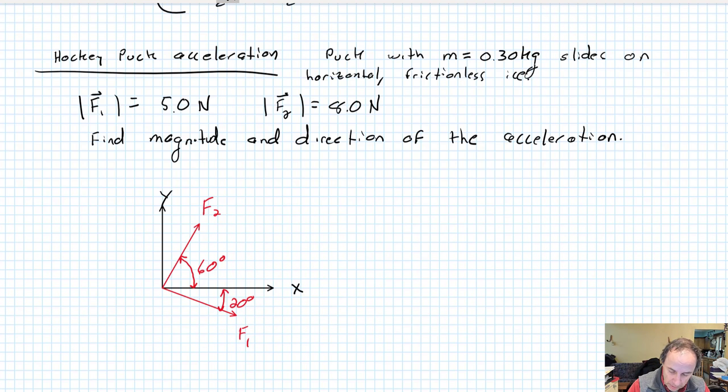So let's remember now, the net force is the mass times the acceleration in vector form. So our procedure here is to find the net force vector. To find the net force vector, you have to break each individual force vector into its x and y components, add those x and y components, and then that will give you the net force vector.